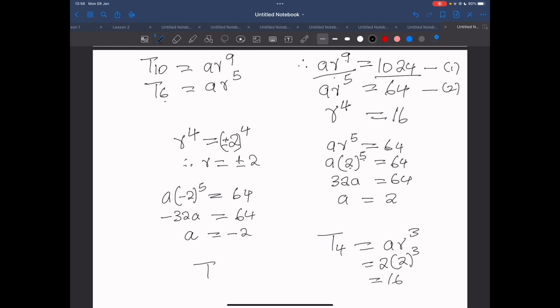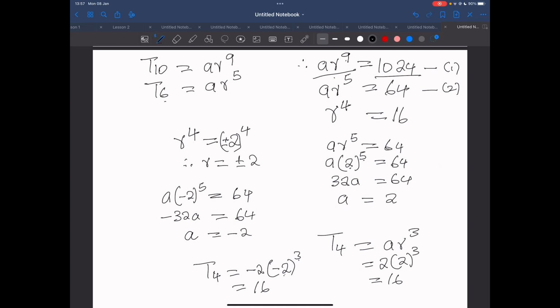Even if we substitute the negatives, term number 4 will still be negative 2 for a, and r is also negative 2 to the power 3. We should remember, if we are not using our calculators here, we must start with the bracket first. Negative 2 to the power 3 is negative 8. Then negative 8 times negative 2 is 16. So both of them, for term 4, give us 16.